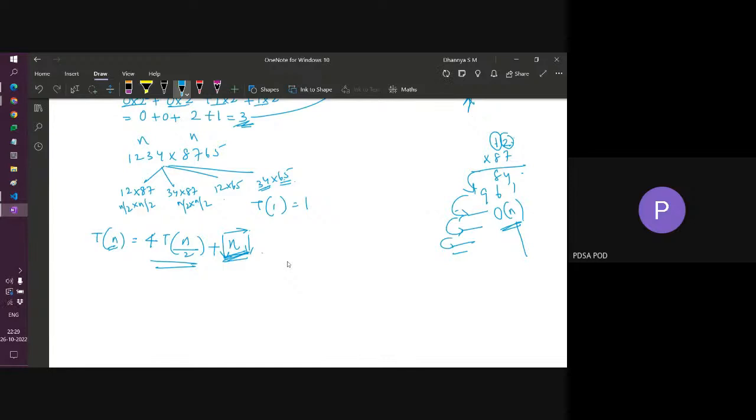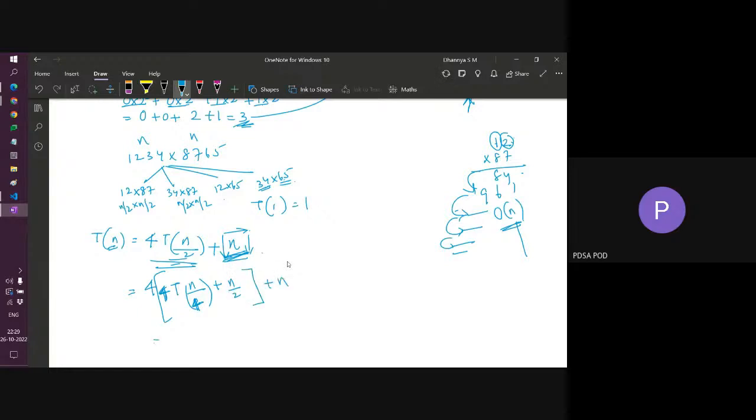Okay, so we'll do an analysis here. We just go by solving this recurrence. You substitute T of n by 2: 4 of T of n by 2, plus n. So this doesn't have to be 4, it can be less than that, but this is our upper bound. So here again you have 4, plus this n you will substitute as n by 2, plus n.